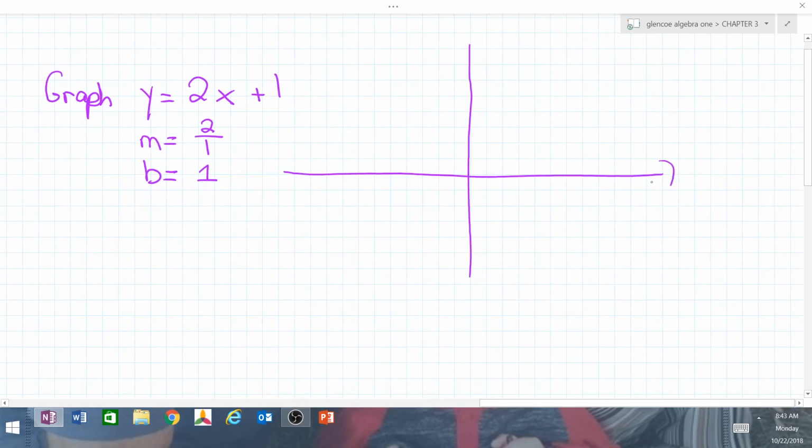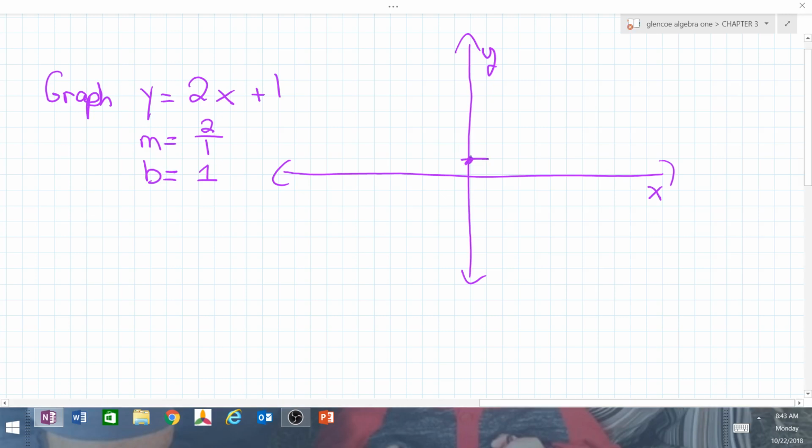The y-intercept on the y-axis. Good. So what's my y-intercept, class? 1. So I'm going to go up 1.